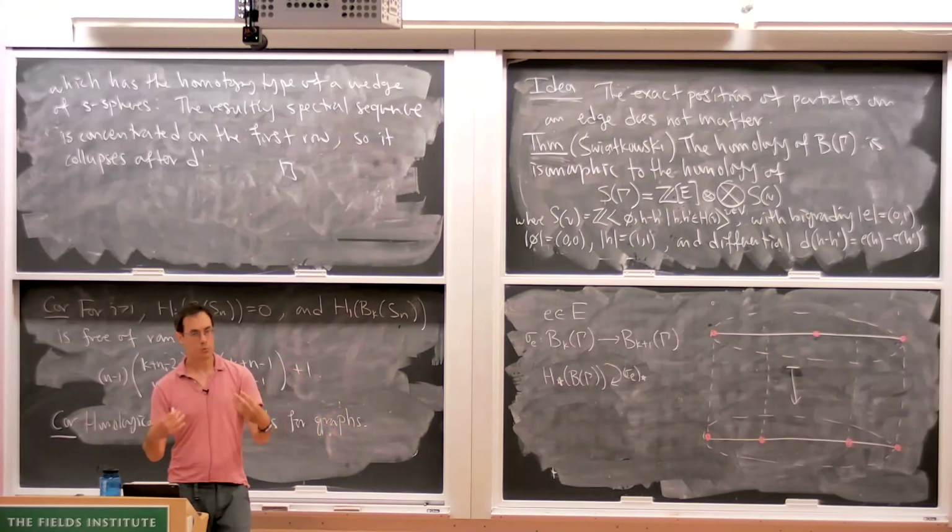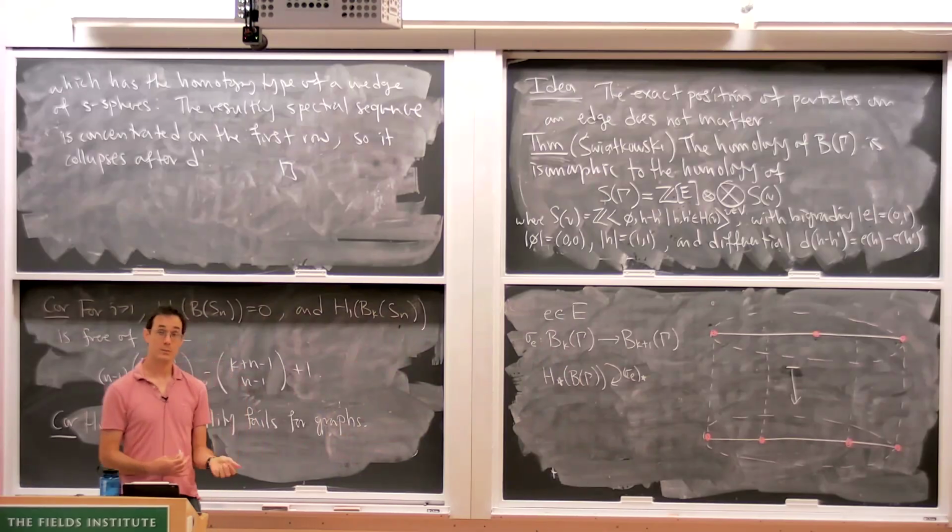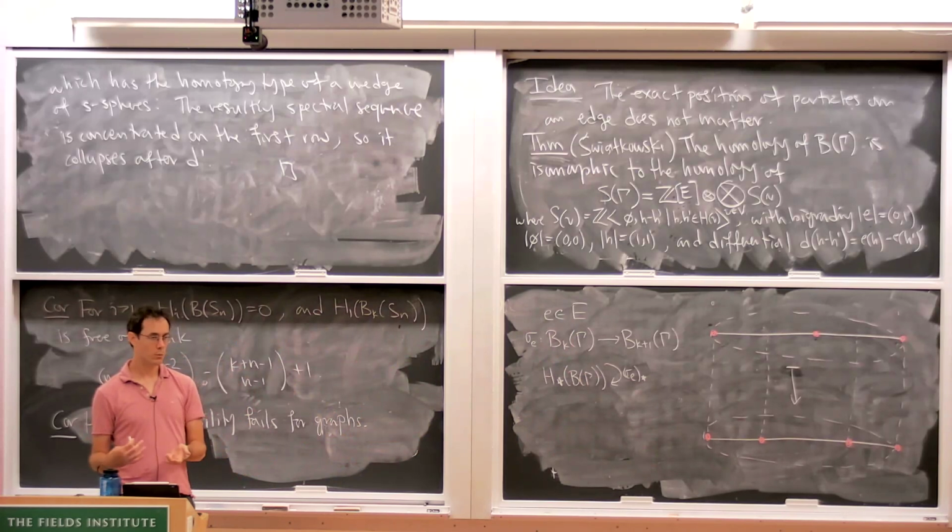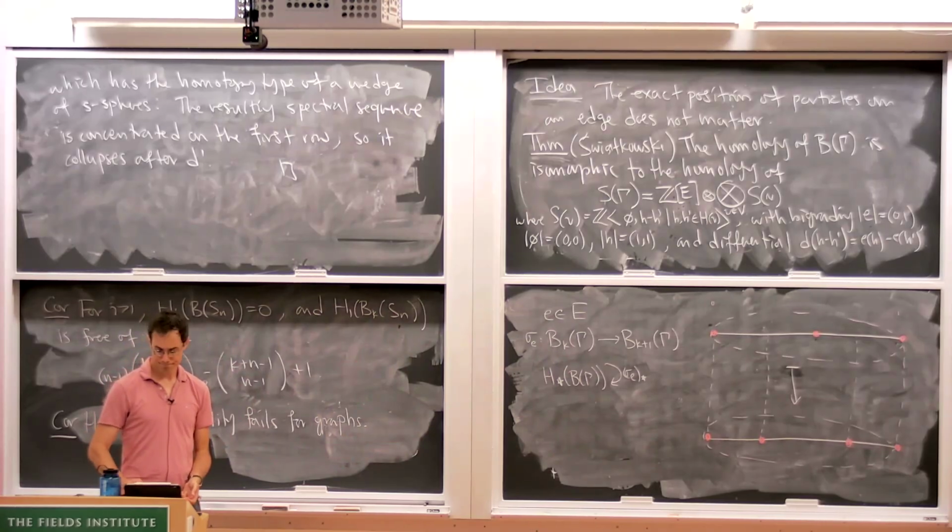So that's somewhat surprising in this business of stability phenomena. We are able to prove many of the things that one would want to prove without having to invoke Noetherianity, which is usually the key.